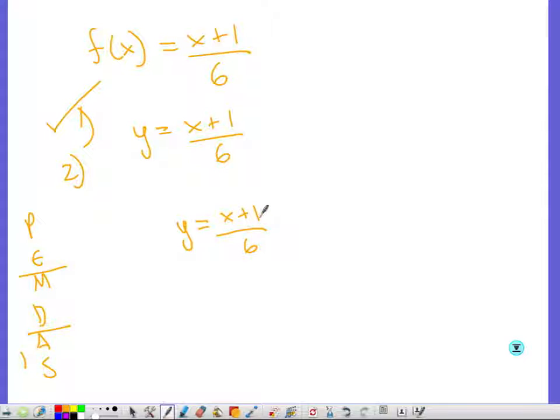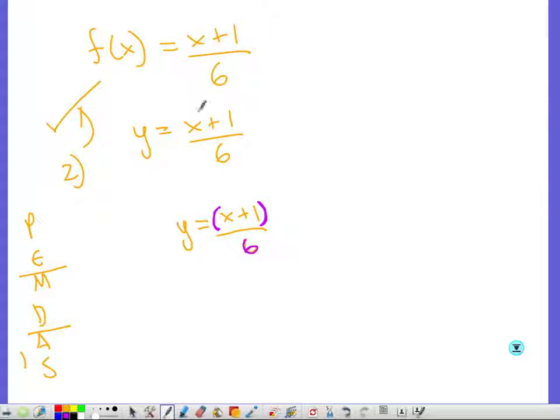This x plus 1 is part of a fraction, specifically the numerator. So 6 is the denominator and x plus 1 is the numerator. If this is a fraction, then we have to put parentheses around the x plus 1 because everything on top goes together. You can't separate them unless you get rid of the fraction first.